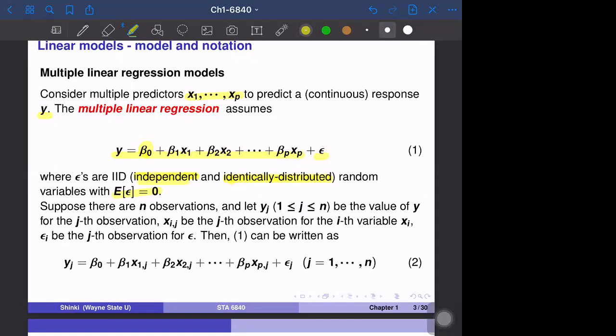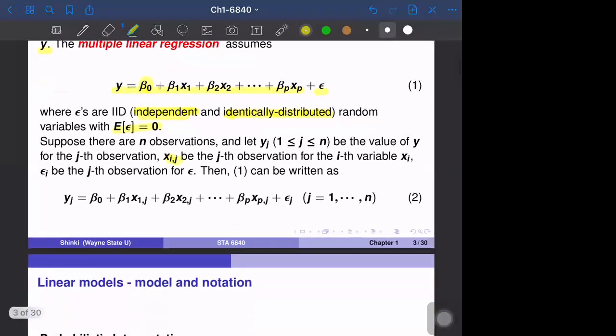So we observe, for example, the percentage of African American for each county. Sorry, the i represents the variable, the percentage of African American, and the j represents the county. j is equal to 1 to 159.